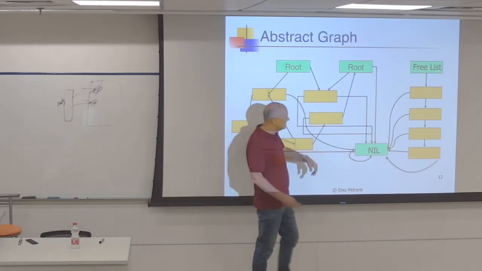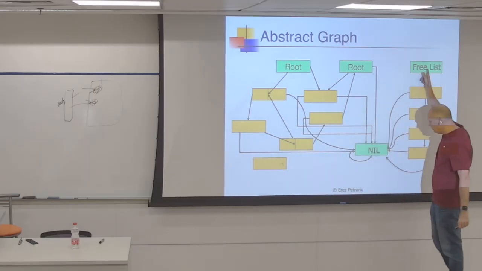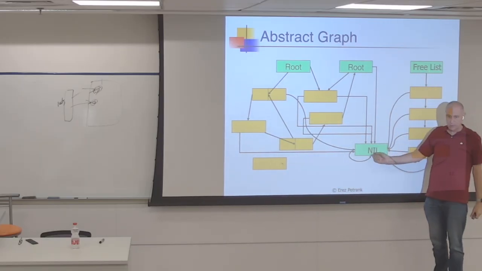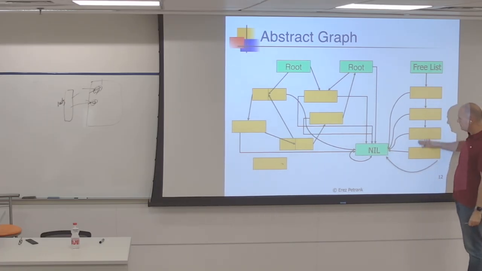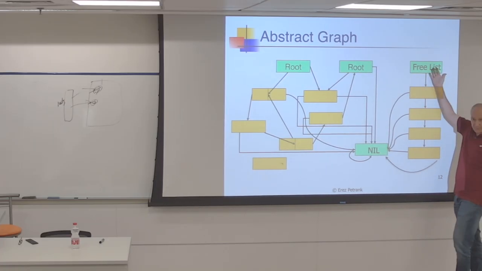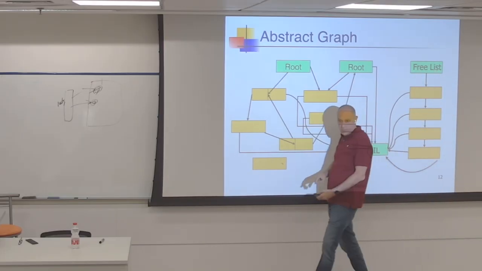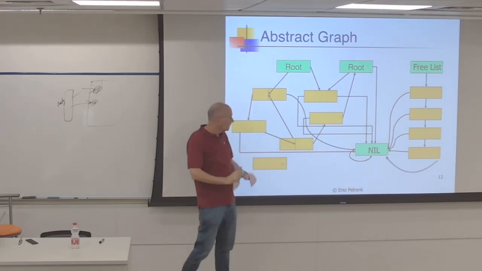We have some roots. The free list is defined to be a root. The nil is defined to be a root. We never reclaim those. So all the free list is reachable from a root, and nil is always reachable, but it doesn't point to anything.